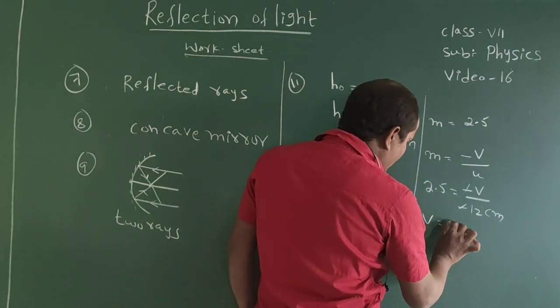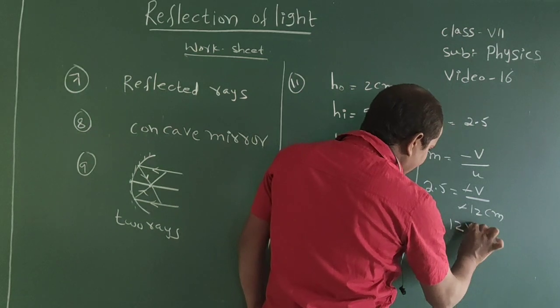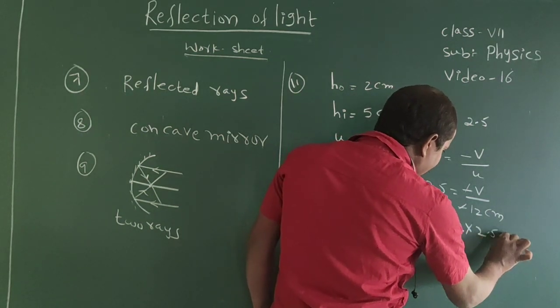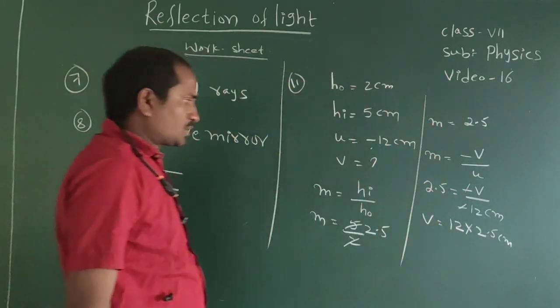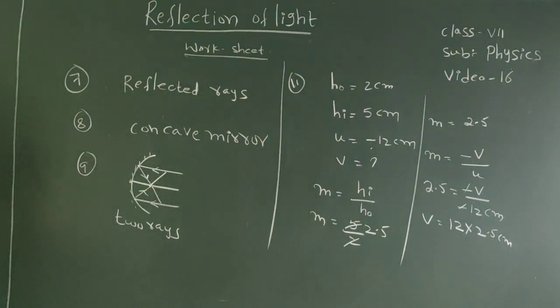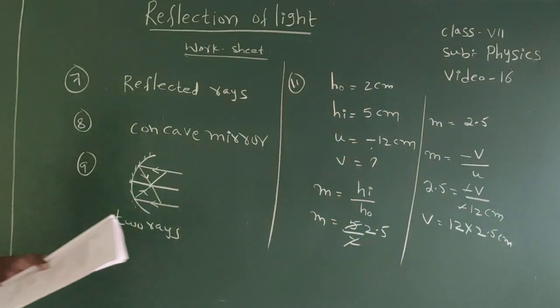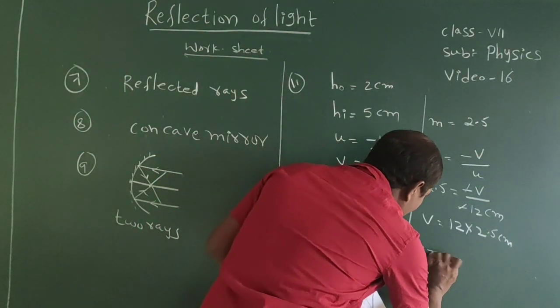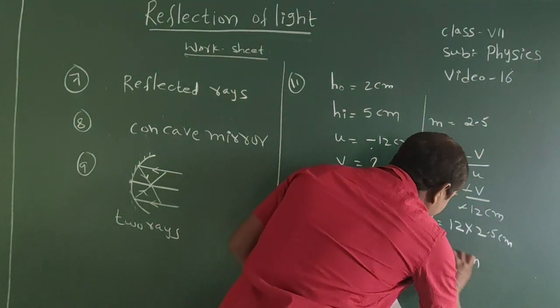Therefore v equal to 12 into 2.5 centimeters. How much amount? That equal to 30 centimeters. So here v equal to 30 centimeters.